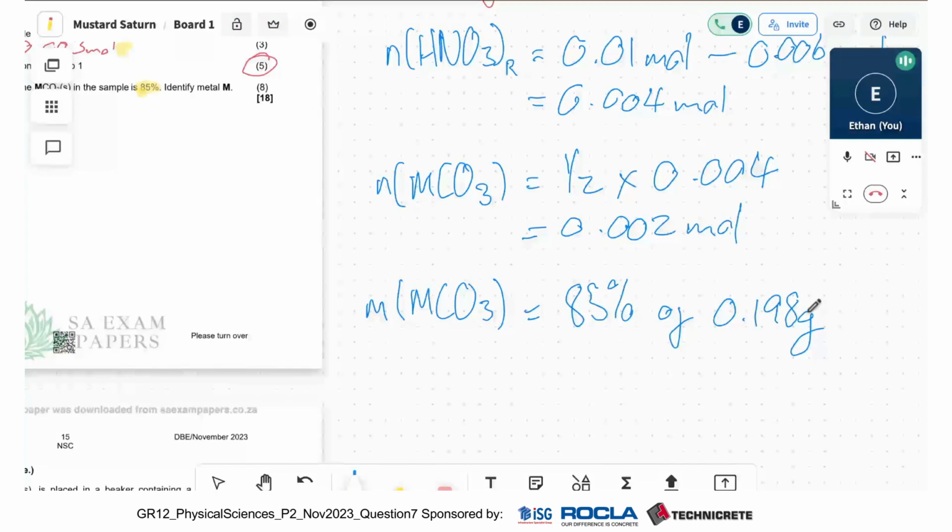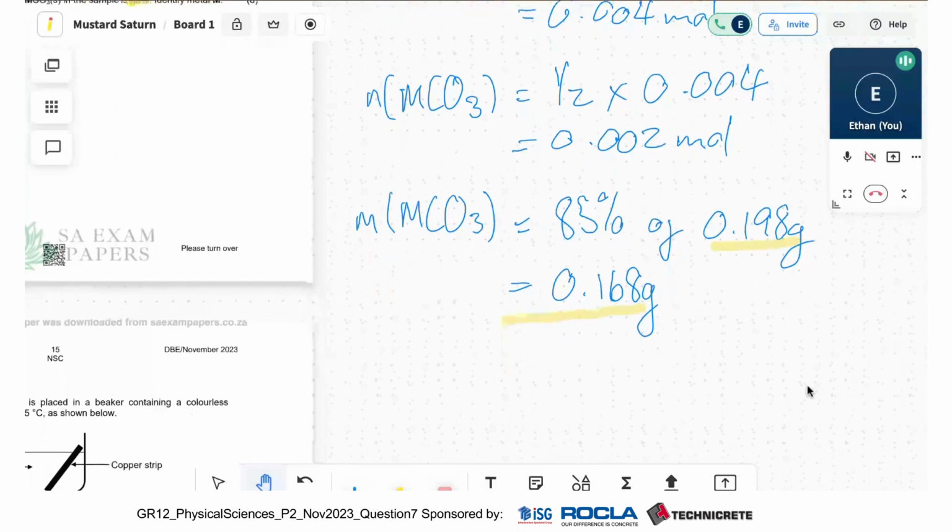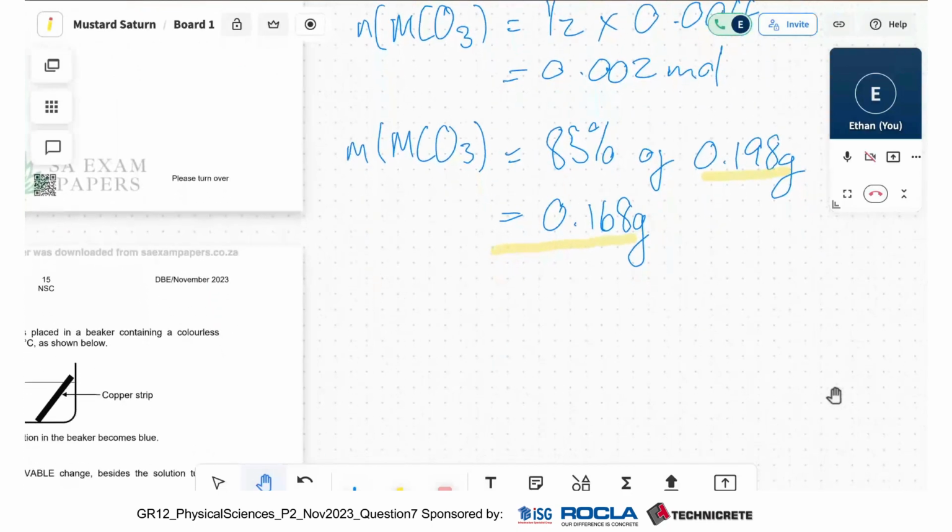So you can just say 85 over 100 multiplied by that, and you will get 0.168 grams. This is an important step, that you just don't use the given mass earlier. You have to calculate the actual mass of metal carbonate. That's why they told us it's 85% pure.